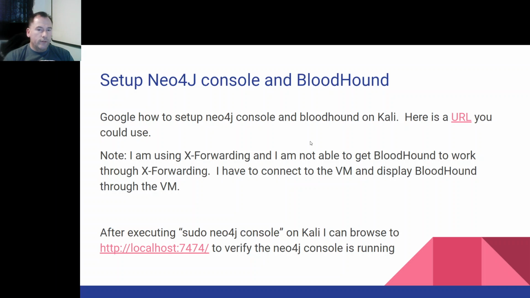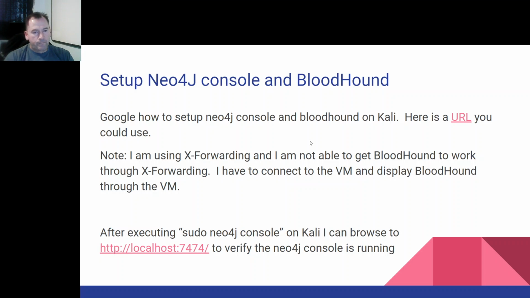Now, I'm using what's called X-forwarding through SSH. For me to get BloodHound to work, it will not come through on X-forwarding, and I haven't troubleshot why or spent time trying to figure it out. So I will actually pull up the VM on my computer, log into it, and then pull up BloodHound that way. If you run into that issue with trying to X-forward BloodHound, just giving you this clue that it may not work.